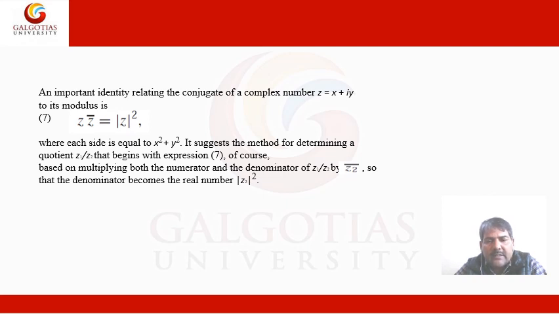It suggests the method for determining a quotient z1 upon z2 that begins with expression 7, of course, based on multiplying both the numerator and the denominator of z1 by z2 by z2 bar, so that the denominator becomes the real number mod of z2 square.